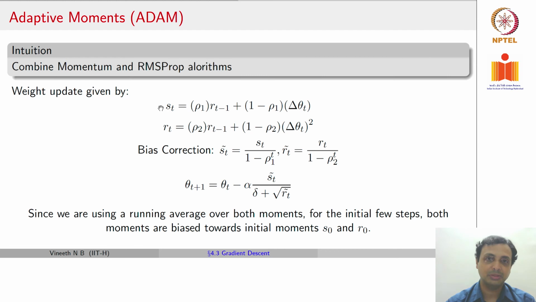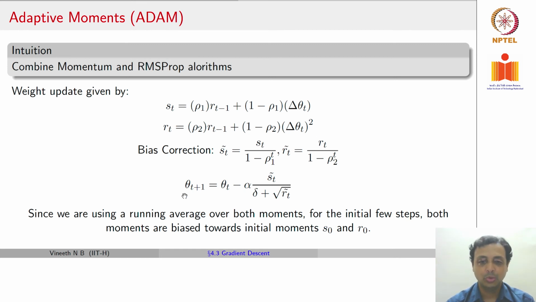While Adagrad and RMSProp accumulate the squared gradients, Adam accumulates both the gradient and the squared gradients. ST accumulates the gradient, RT accumulates the squared gradient just like RMSProp.